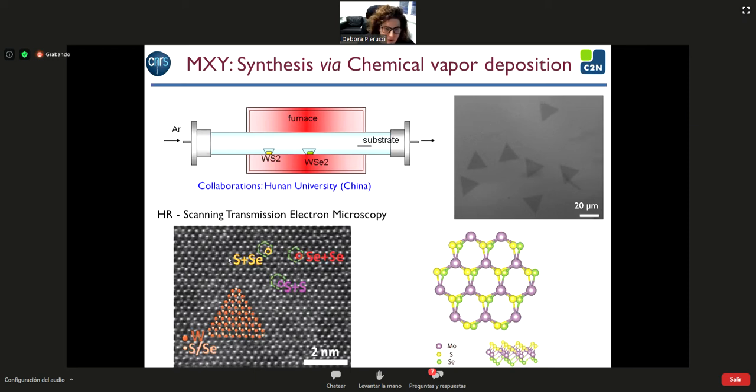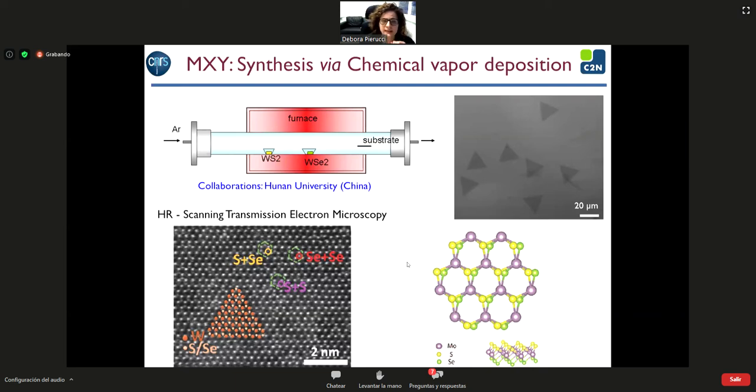That is very useful because it allows us to recognize the hexagonal organization of the atoms, and from the different contrasts, in particular three different contrasts in the image, we can see where the different chalcogen atoms are located. Where the contrast is the lowest, we have sulfur on top of sulfur. When the contrast is medium, we have sulfur on top of selenium. And when we have the brightest spot, we have selenium on top of another selenium atom.